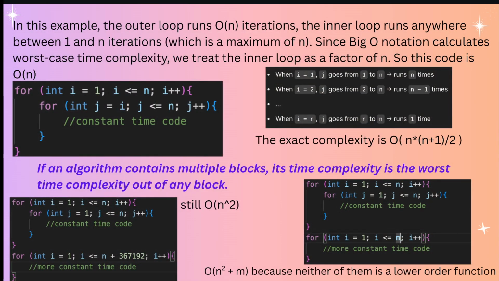In this example, the outer loop runs O(n) iterations, and the inner loop runs anywhere between 1 and n iterations, which is a maximum of n. Since big O notation calculates worst case time complexity, we treat the inner loop as a factor of n.